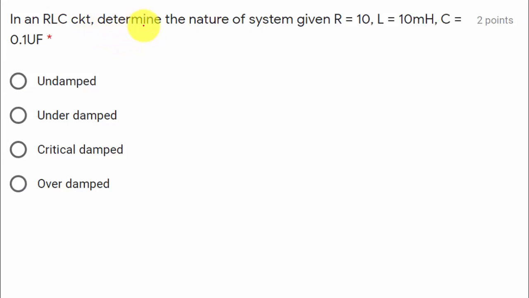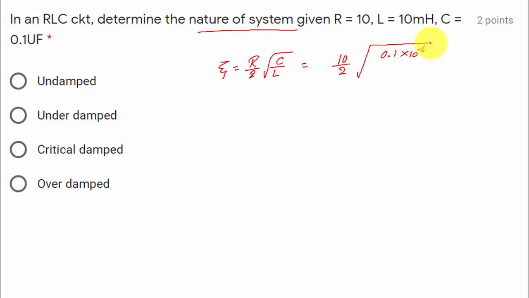In an RLC circuit, determine the nature of system given resistance value which is equal to 10 ohm and the inductance value they have given as 10 millihenry and the capacitance value is 0.1 microfarad. We know that zeta is equal to R divided by 2 into square root of C divided by L, which is equal to 10 divided by 2 into under root of 0.1 micro, means 10 power minus 6, whole divided by 10 milli.